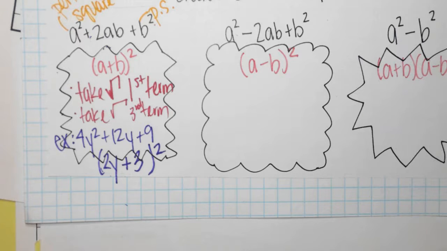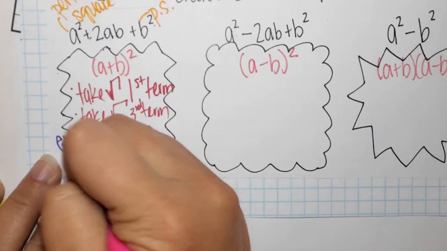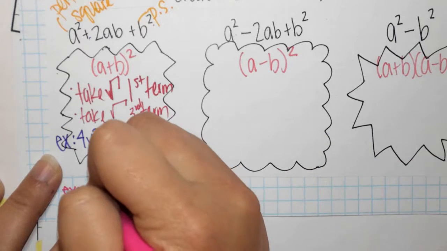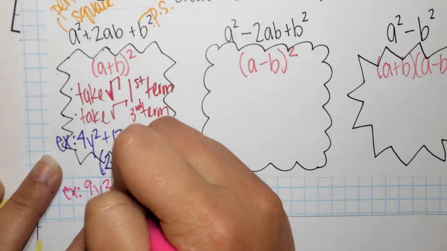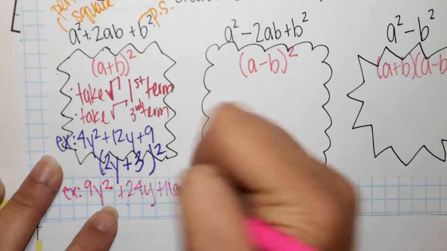You ready for another one? Alright, 9y squared plus 24y plus 16.